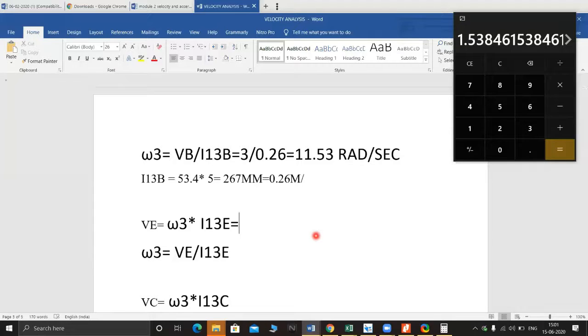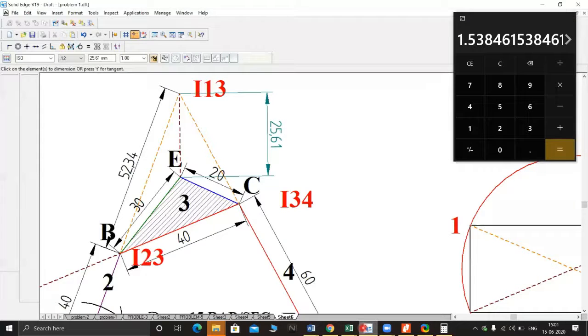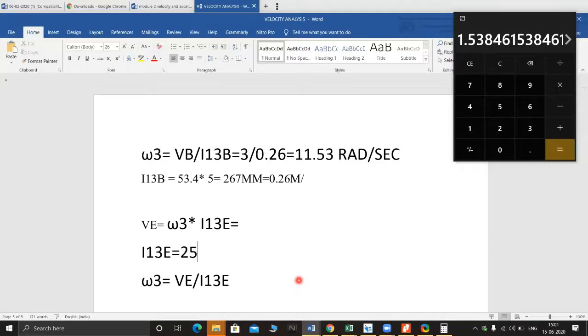One more thing here. Before that, we need to convert I13E to the scale factor, right? 25.61 into the scale factor 5, don't forget that. How much does it become? 25.61 into 5 is 128.05 mm.